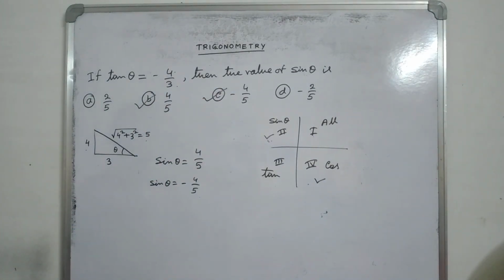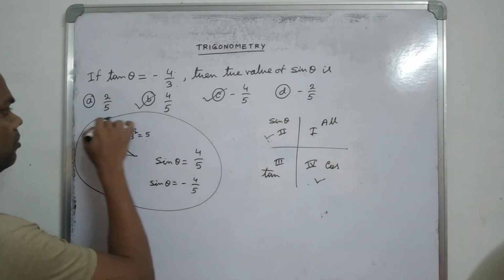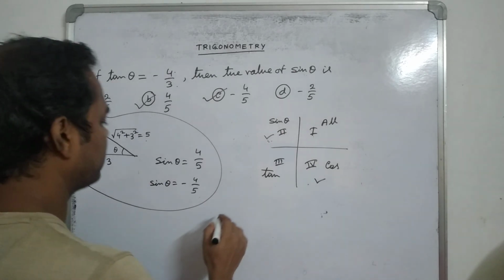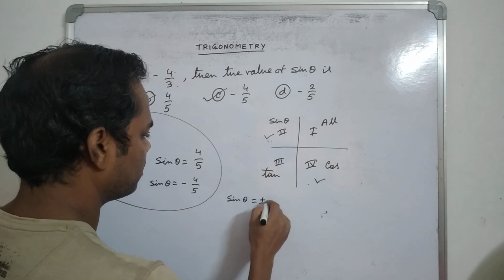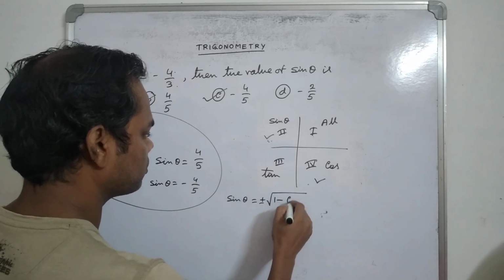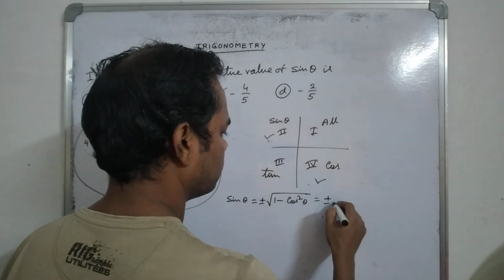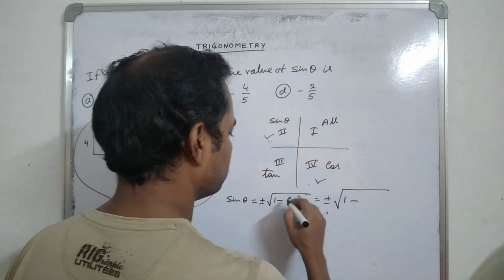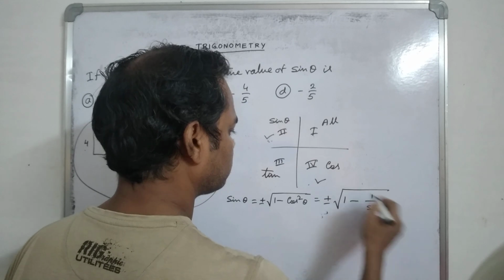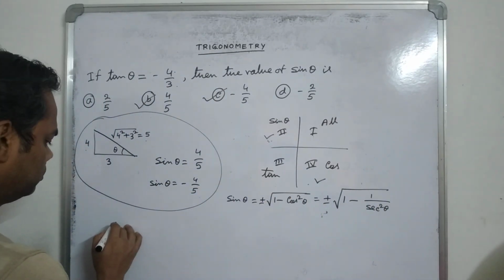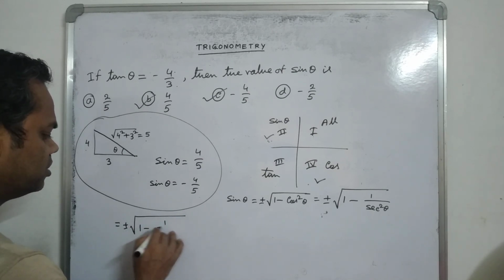But there is another way to find sin theta directly from tan theta without using that kind of formula. Sin theta is equal to plus minus root over 1 minus cos square theta. Now cos square theta can be written as 1 by sec square theta. So plus minus square root of 1 minus 1 by sec square theta.